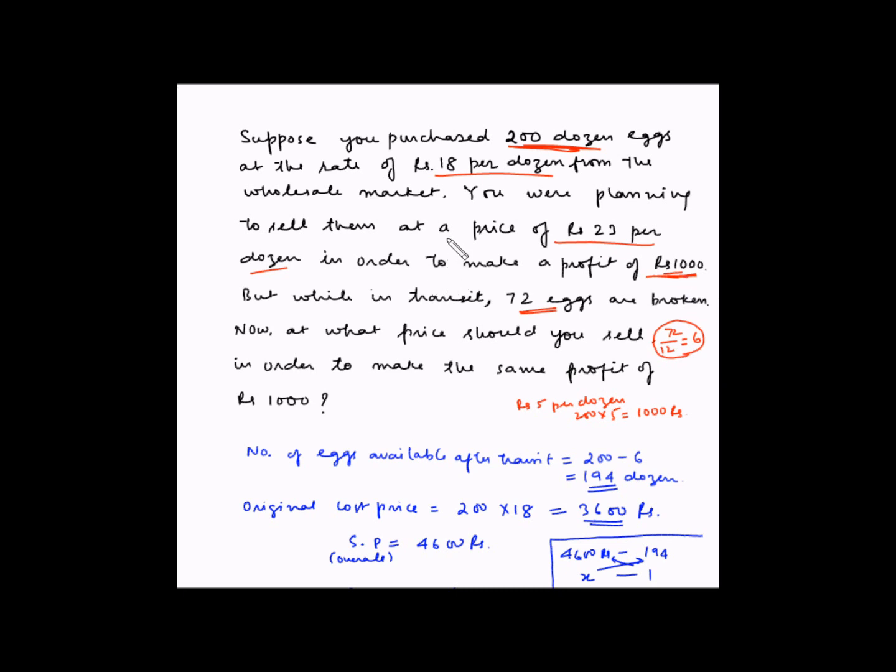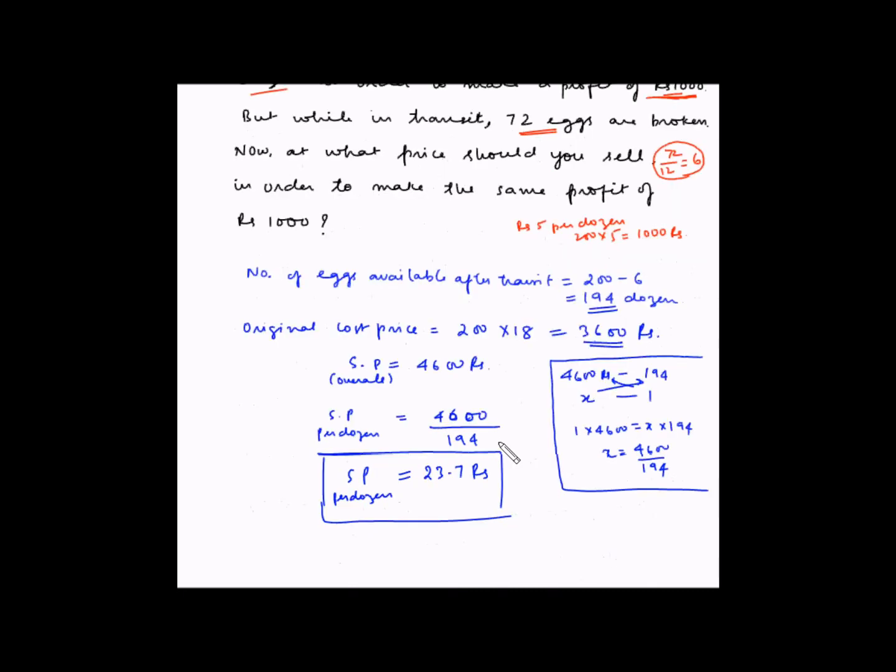So in this case, you reduce the quantity by 6 dozen and we had to increase the selling price by 0.7 per dozen. Or in other terms, we have a selling price of 23.7 rupees per dozen.